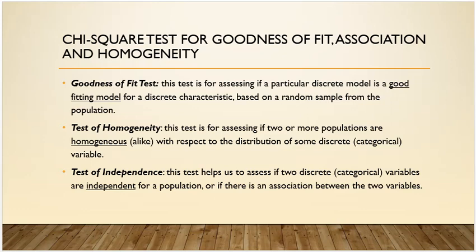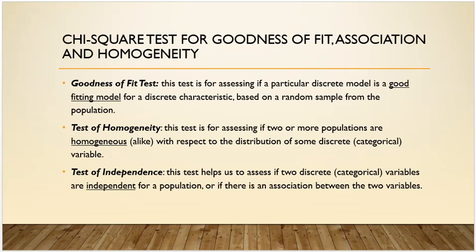We have fitted a distribution for a given data, and we want to know whether the data actually follows the fitted distribution. For example, if you fit a binomial distribution, we want to confirm that the data actually came from a binomial population. That is what we are doing in the goodness of fit test.